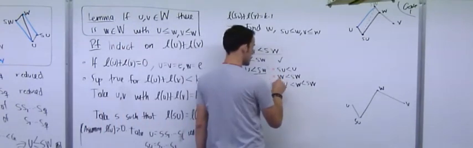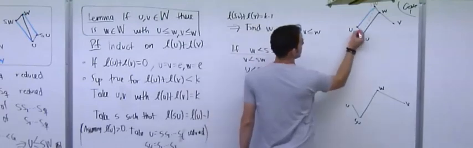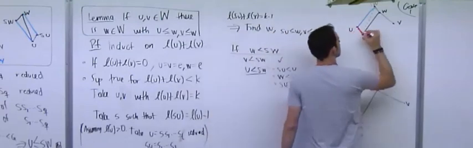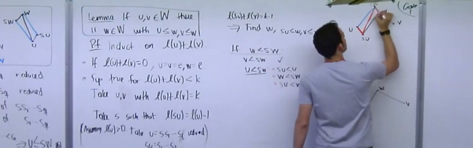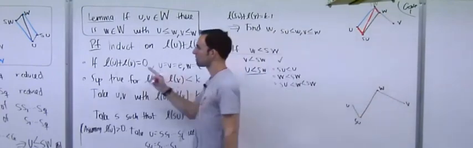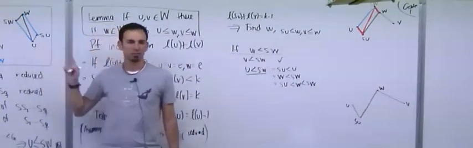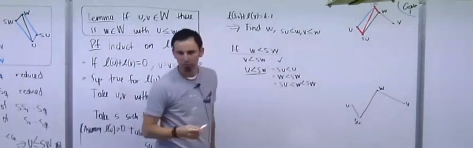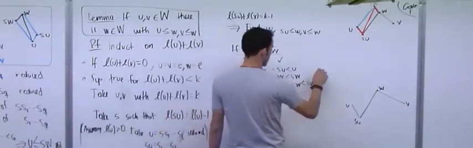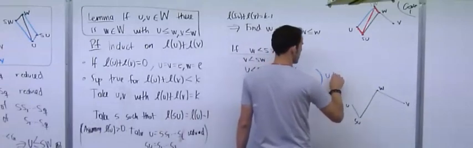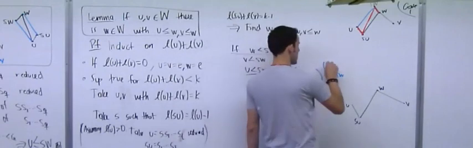So these three relations, let me put them in red here. I proved this one, I proved this one, and I proved this one. And that's exactly where I can use my lifting property to say that these three red relations imply this blue relation and then this other one, which I don't need in this case. Okay. But these three relations imply that U is less than or equal to SW by lifting.